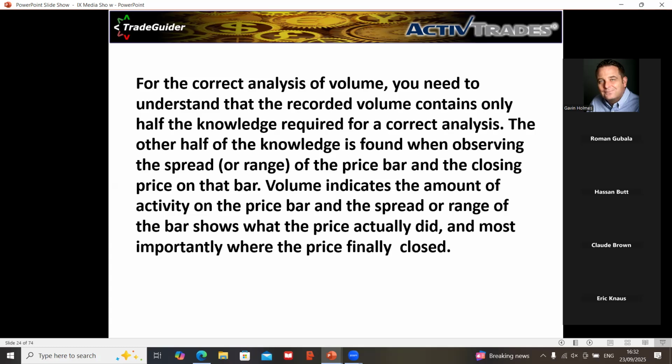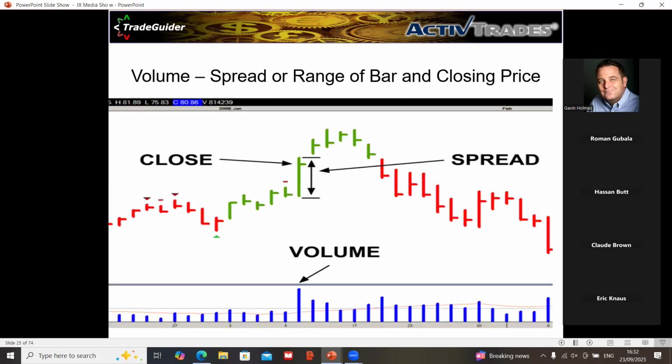And the spread or range of the bar shows what the price actually did, and most importantly, where the price finally closed. So when we look at it, volume is always at the bottom of the screen, unless you change it on your charting platform. But you've got very high volume, or we call it ultra high, or you've got very low volume, and it's all relevant.